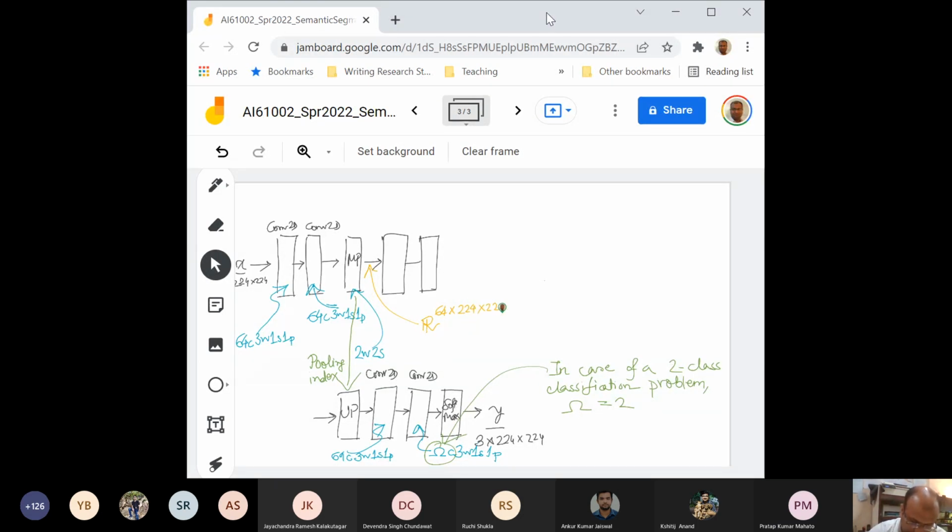Okay, good. Now, here, when it comes down, what do you think should be the size? 64 by 112 by 112. Now, whatever goes as input to this unpooling, what will be the size of the tensor there?